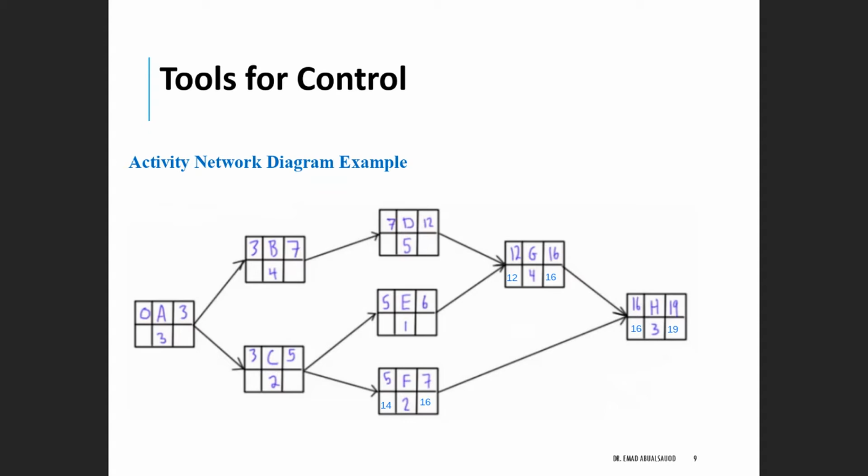The same for D and E. They will have the latest finish time transferred from activity G. So we'll have 12 here and 12 there. And we subtract 12 minus 7, which will lead us to 5, and 12 minus 1, which will lead us to 11.